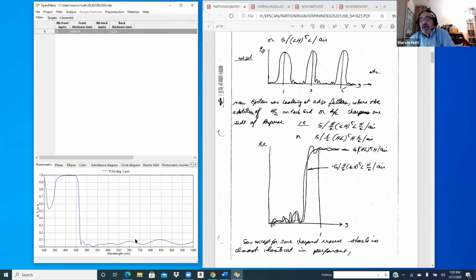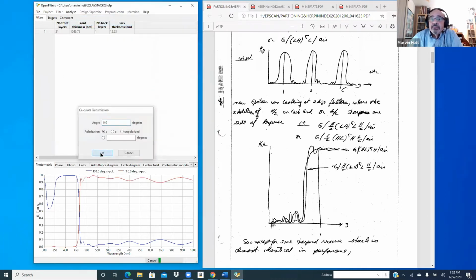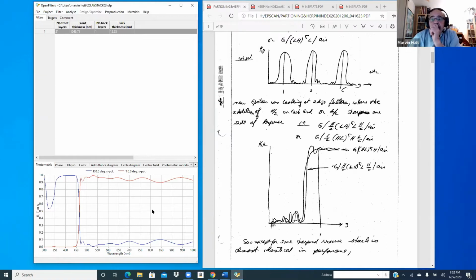Okay, so now we have a stack which has been modified to reflect the blue, shortly come down and transmit. Well, you can also do this the other way. Analyze, calculate the transmission. Okay, so there's the transmission of the filter. It will transmit from 450 all the way out to 700 pretty nicely.